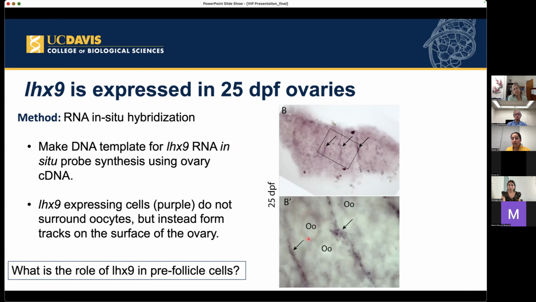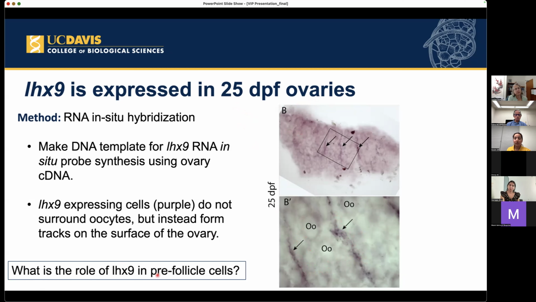LHX9 is not expressed in the follicle cells that are surrounding the oocytes. Rather, it's expressed in the pre-follicle cells that are surrounding the oocyte stem cells and progenitor cells. And we see that it's only expressed on the surface of the ovary in tracts. So we concluded that LHX9 is being expressed in 25 days post-fertilization ovary.